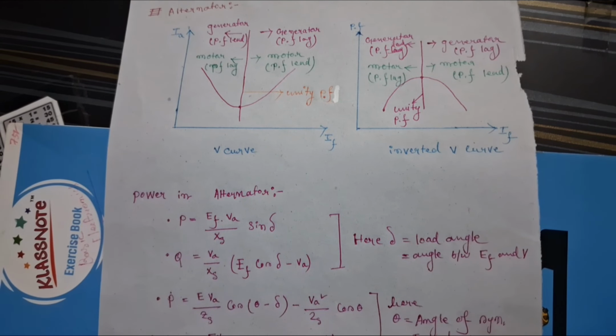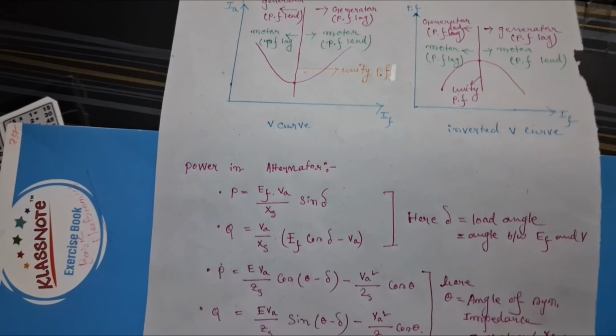Then you have to remember the formula of power in alternator. In alternator, P or active power equal to Ef into Va divided by Xs into sin delta. Here delta is load angle, the angle between Ef and V. Here Ef is excitation voltage and V is terminal voltage.